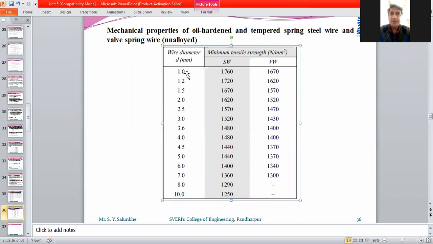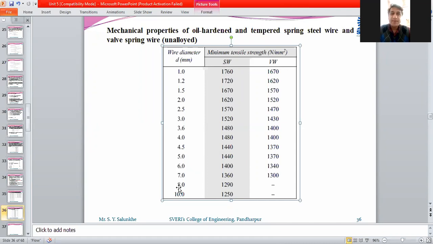If the wire diameter is 1 millimeter, then its minimum tensile strength, if it is an oil hardened or tempered spring, okay, tempering is again one of the heat treatments which we do for increasing its strength. Okay, wear strength is increased because of that. In that case, this 760 Newton per millimeter square is the minimum tensile strength.